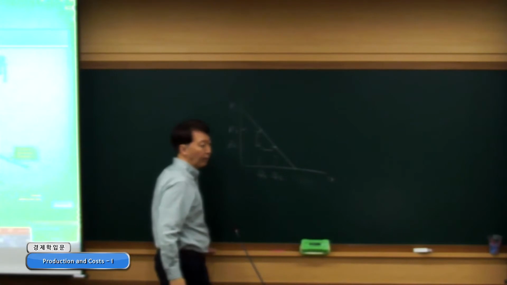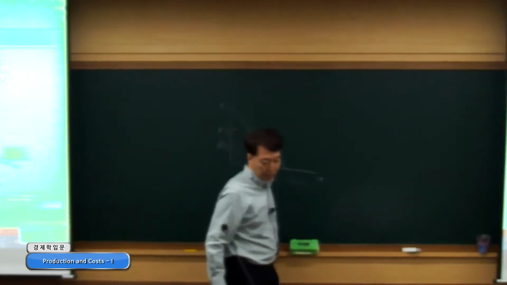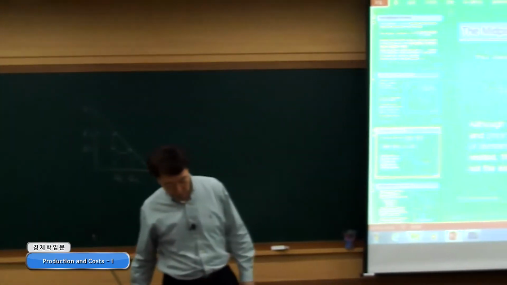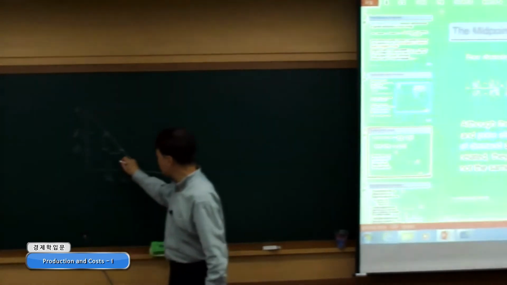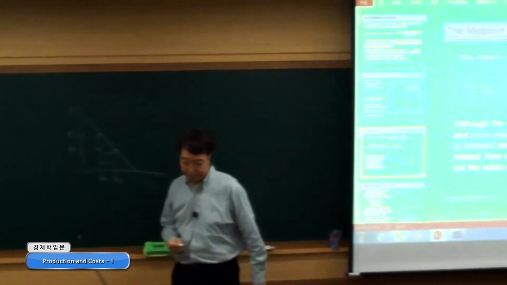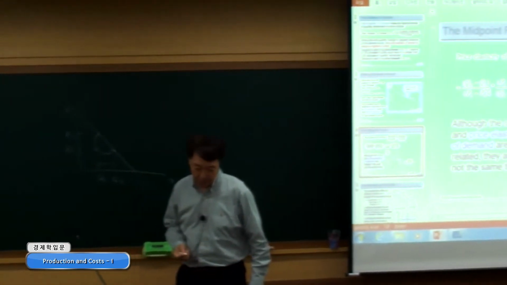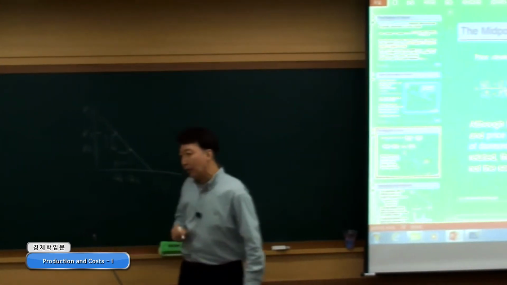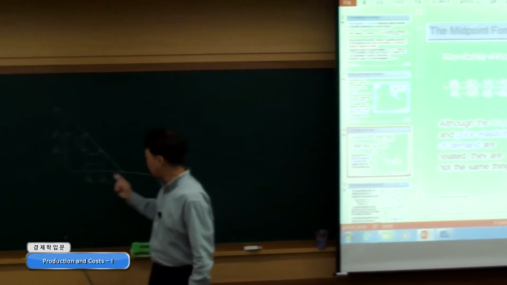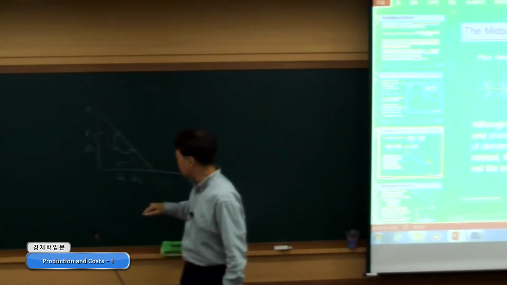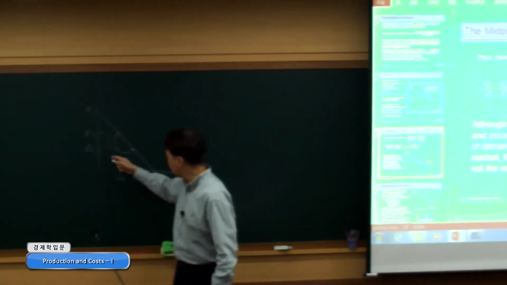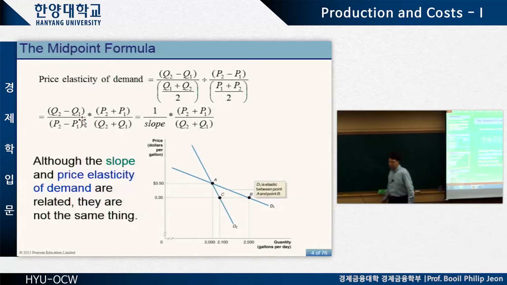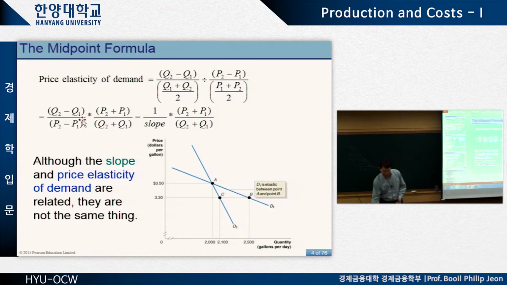So Q2 minus Q1 is this distance, and P2 minus P1 is this distance. If you divide those two, the slope is this distance divided by this distance. So what we have here is actually the inverse of the slope.